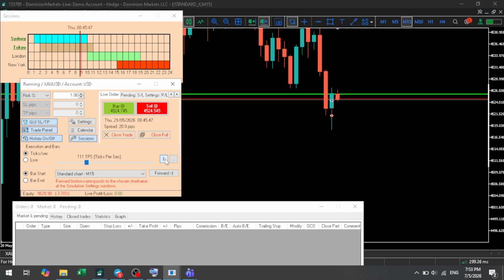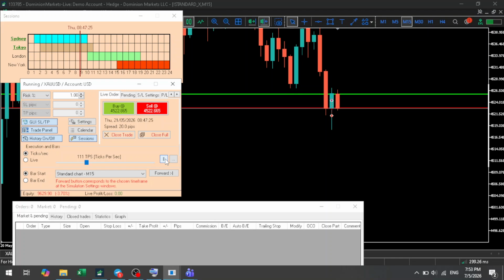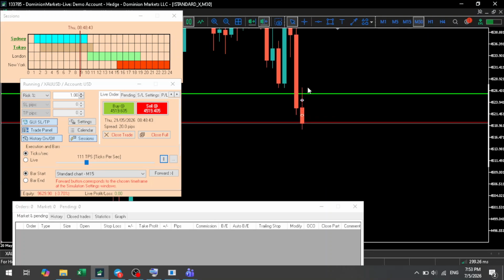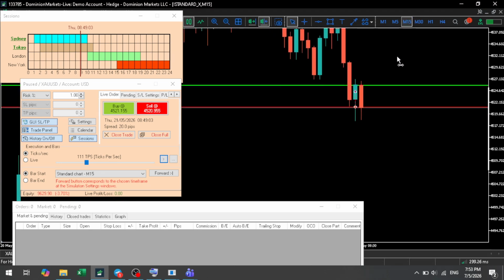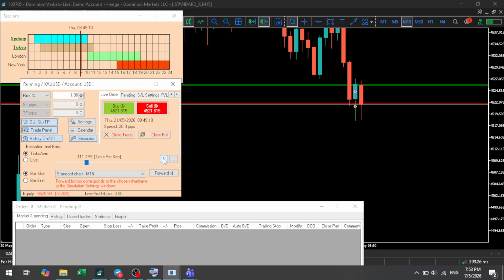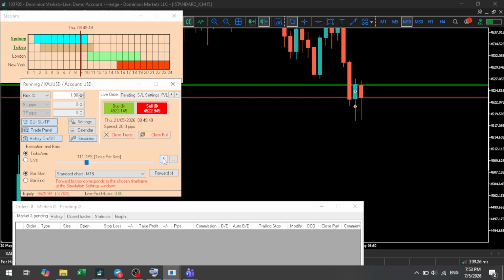We need it to go down. We are about to enter London, pre-London. Yes, 30-minute. Oh, whoa, now it's trying to go down after taking our stop loss. Don't do this.